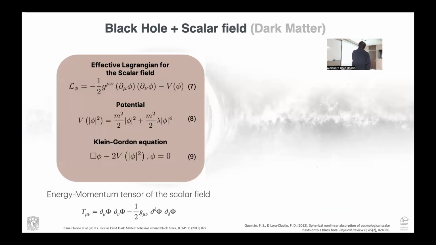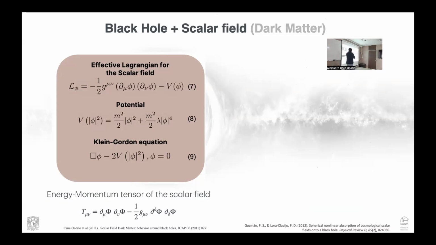So for the scalar field, we want to have this effective Lagrangian with this effective potential for the scalar field. As I told you, we want to simplify our problem because it's easier to solve computationally.